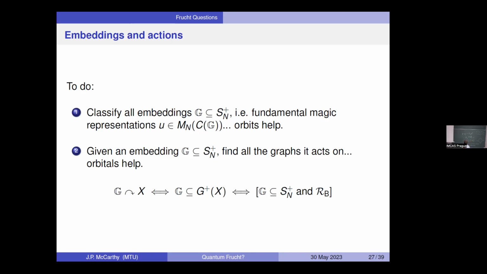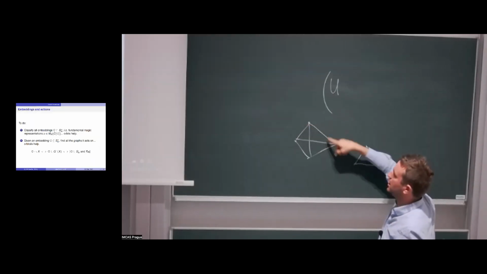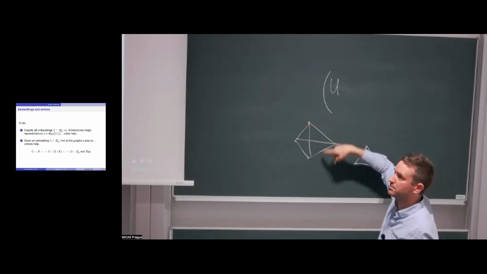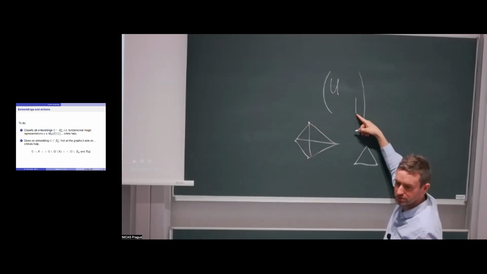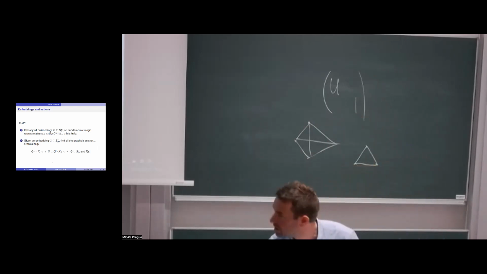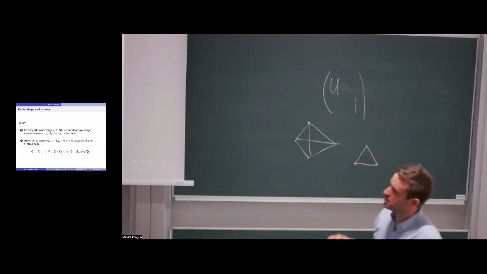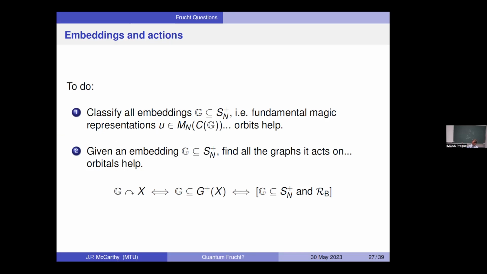A very simple one: you could take the universal magic unitary and just add on a 1 here. This would be another magic fundamental representation. So there can be loads of these things. And then, given a specific magic fundamental representation, a specific embedding, find all the graphs it acts on. This is going to be our job.